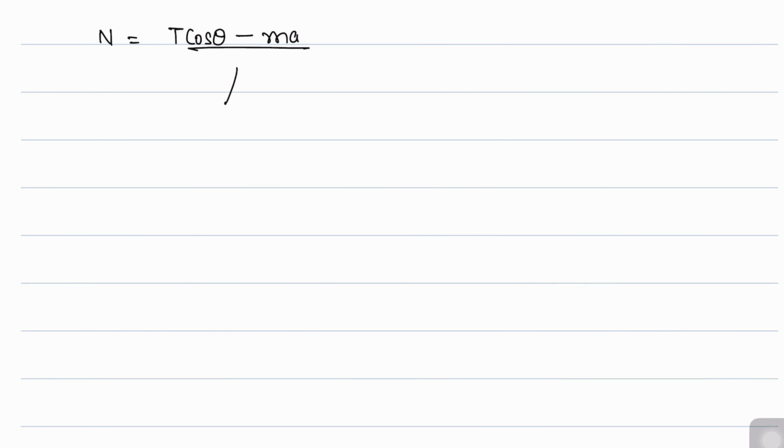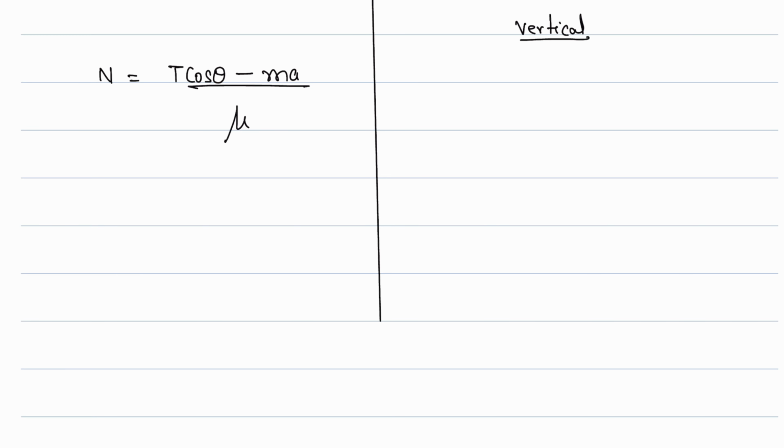Now for the vertical axis. For the vertical axis, we know T sine theta plus N is equal to mg. F net is equal to 0. Why? Acceleration along the y-axis is 0. So can I place the value of N here?